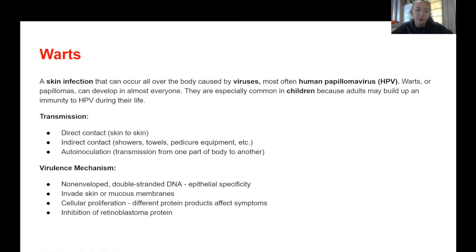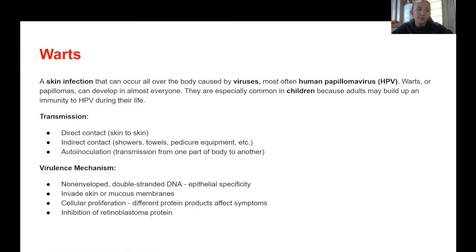It can invade through skin or mucous membranes, and it's often through broken skin. It's easy to infect. And the virus infects the basal layer of stratified squamous epithelial cells, which then stimulates cellular proliferation using the host cell machinery.